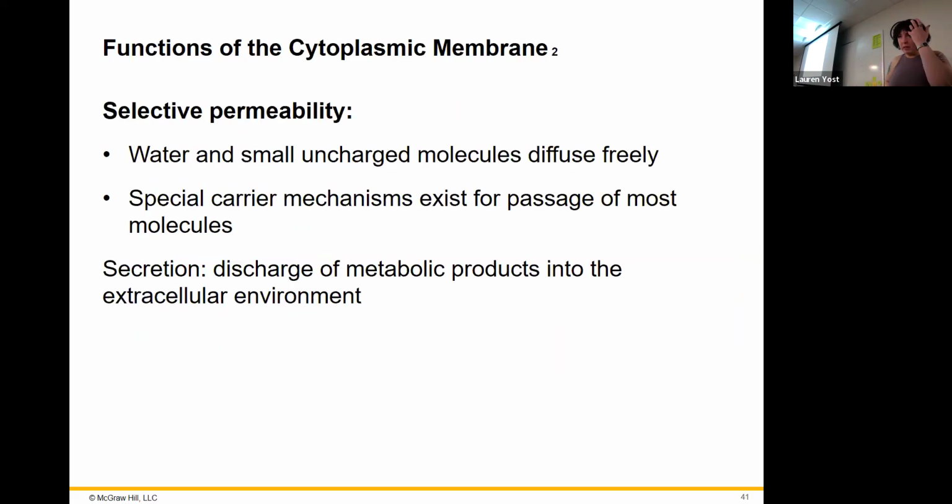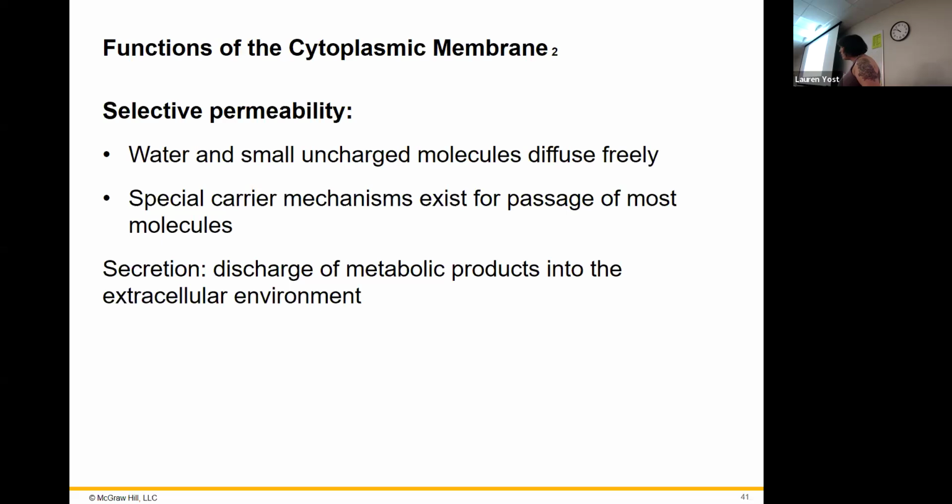All right, selective permeability. Luckily, we're not going to get into the chemistry behind this. This concept is going to come back in chapter 9 with osmosis and all that, and hypotonic and hypertonic and stuff that we love so much. Water and very small uncharged molecules can pass through lipid bilayers, ours and bacteria's, kind of freely.